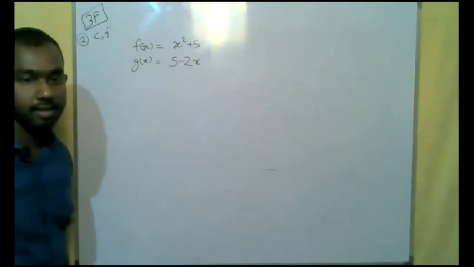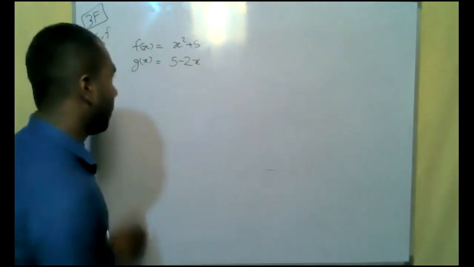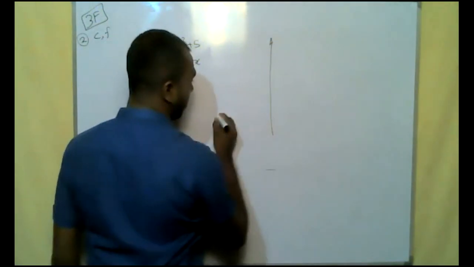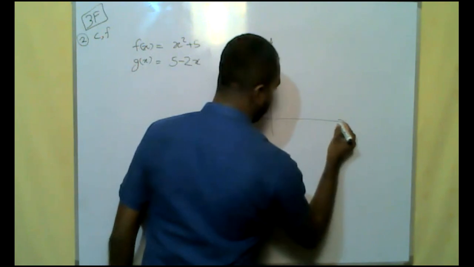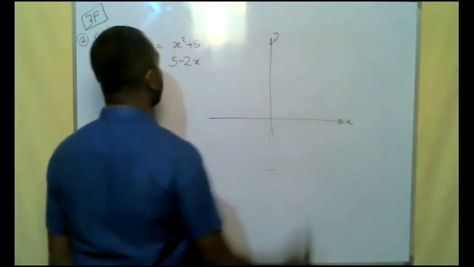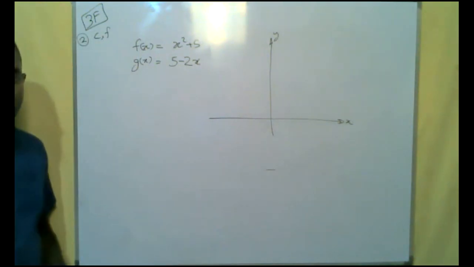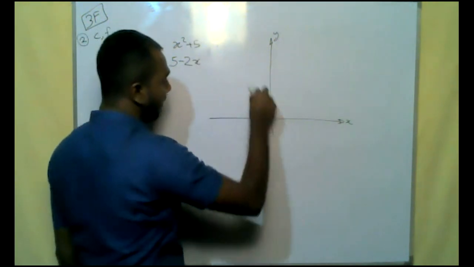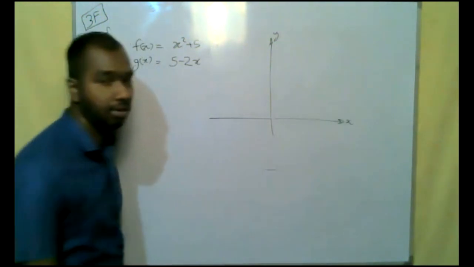So as I said yesterday also, drawing the sketch of this kind of graph should be really easy for yourself now. How will be the graph of y equals x squared without the 5? It will be like this, going through the origin.